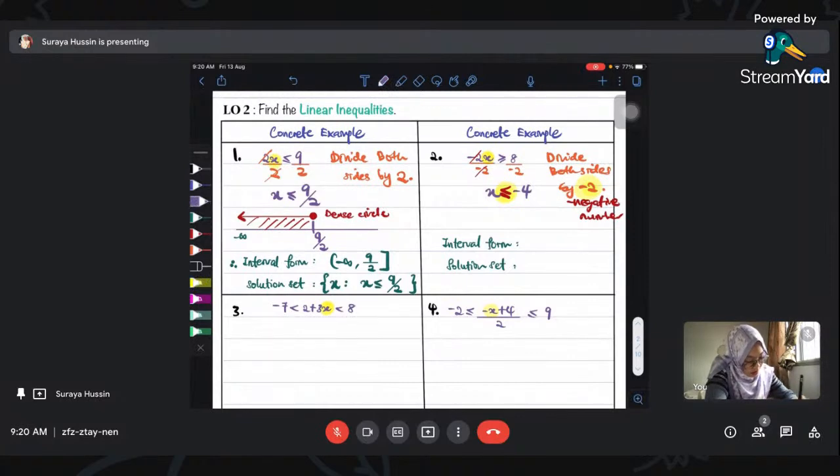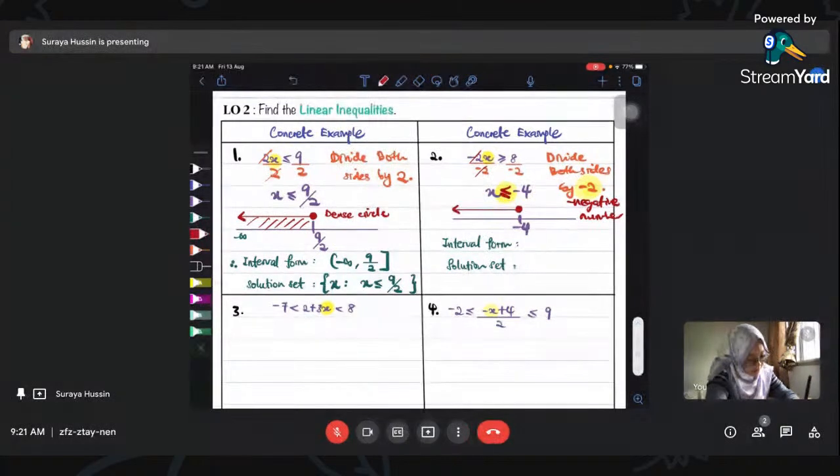Okay, so now I would like you to draw the number line. Okay, and then going where? Pergi mana lagi? Pergi ke kiri lagi.